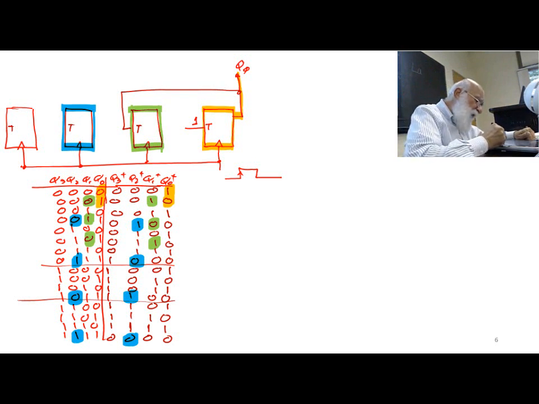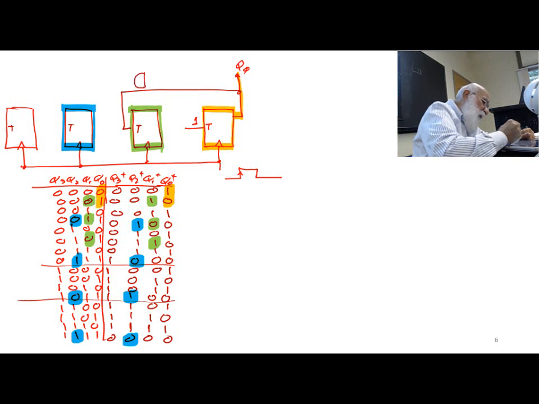So this is how I'm going to build the input of that.